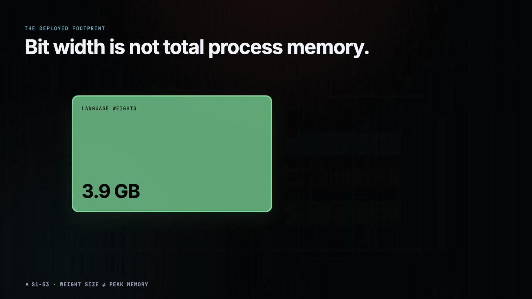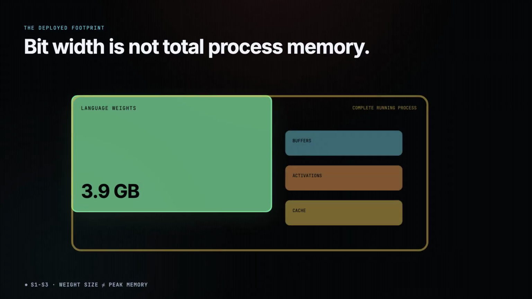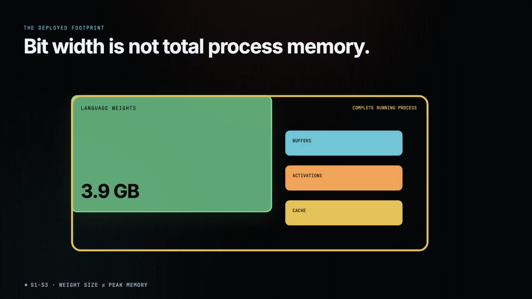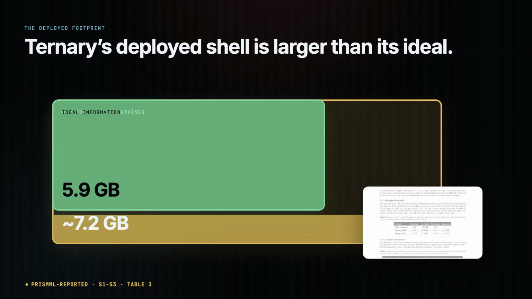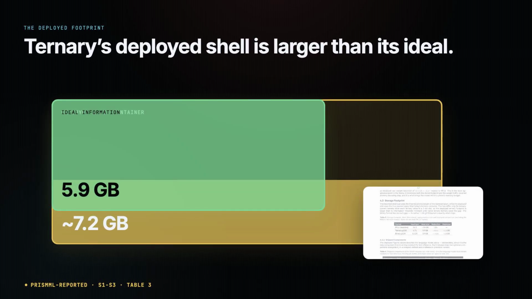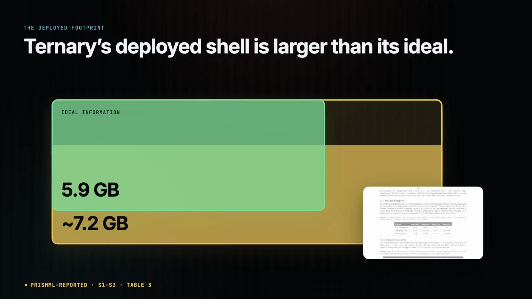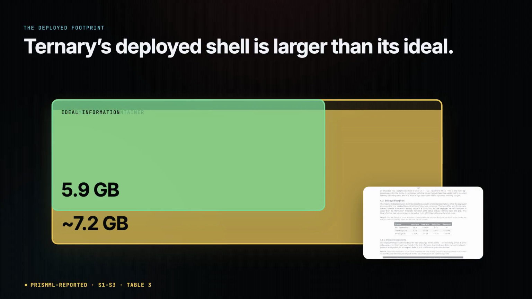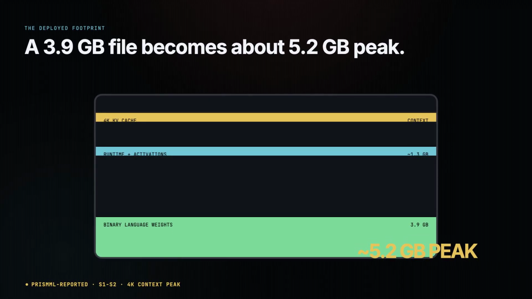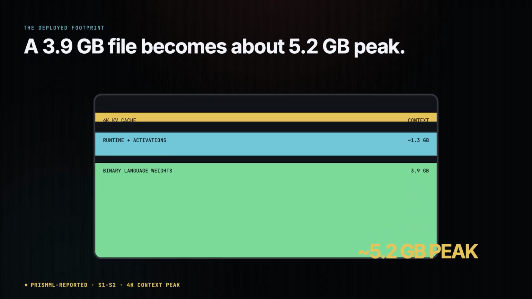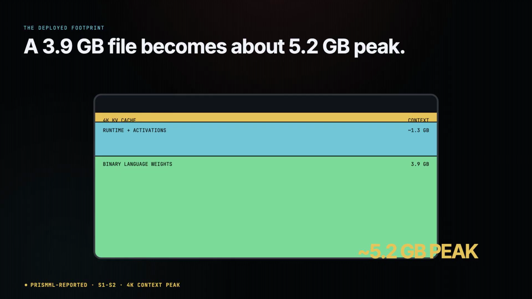Theoretical bit width describes how compactly the language weights themselves are represented. It does not describe the memory required by the complete running process. Binary matches its ideal size. Ternary is about 5.9 gigabytes in theory, but 7.2 in its deployed container. Add runtime buffers and activations. PrismML reports about 5.2 gigabytes peak memory with a 4,000 token context.